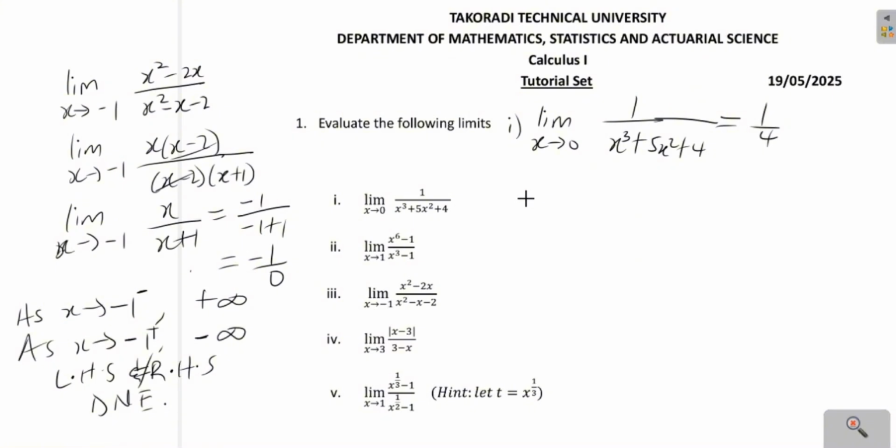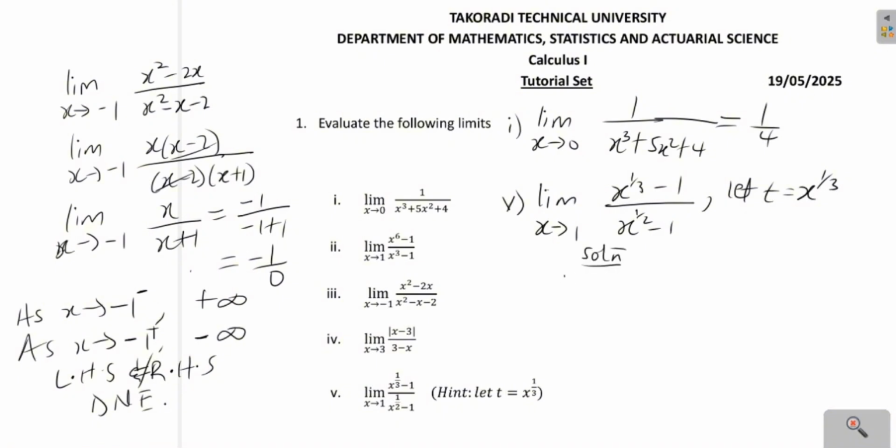All right, so now let's do the fifth one, which says we want to find the limit as x approaches 1 of x to the power 1 over 3 minus 1, all over x to the power half minus 1. And then there was a hint that let t be equal to x to the power 1 on 3. Now, in this problem, I can say let t be equal to x to the power 1 on 6.